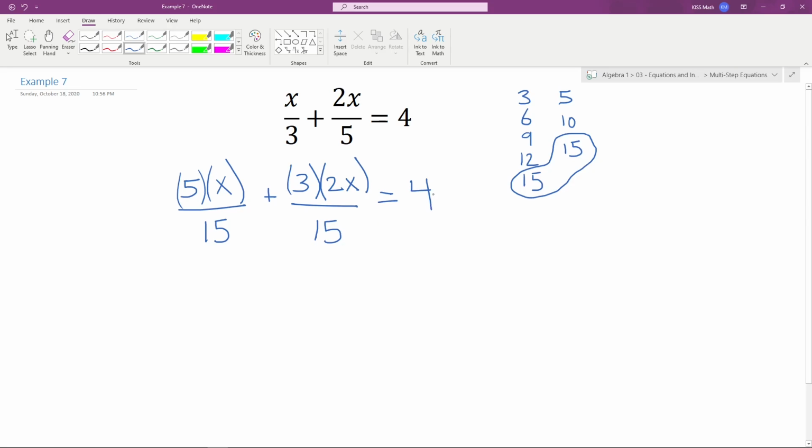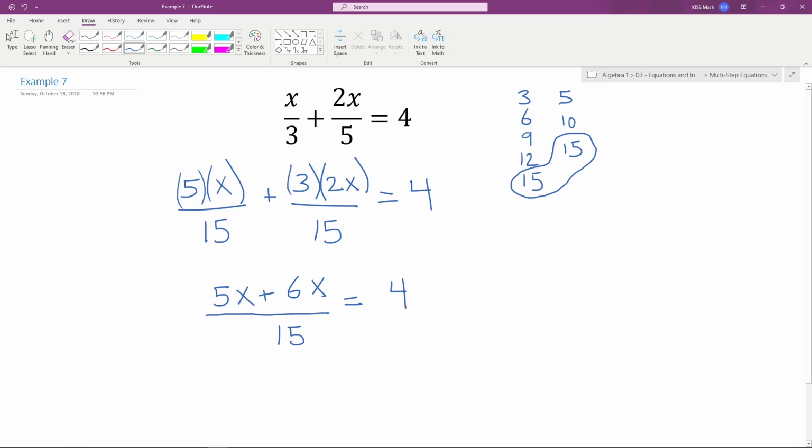Equals 4. So now I have the same denominator, and I can add up these numerators here. So I have essentially 5x plus 3 times 2x. Well, that is just 6x. And that's all over 15. At this point, I've combined them or added them.